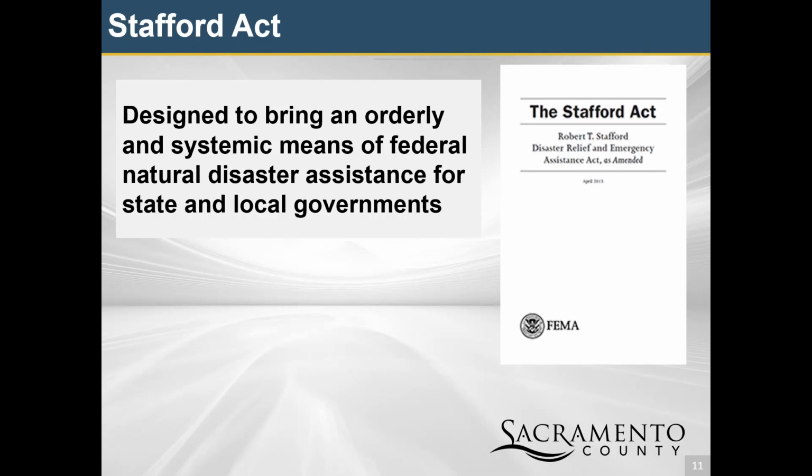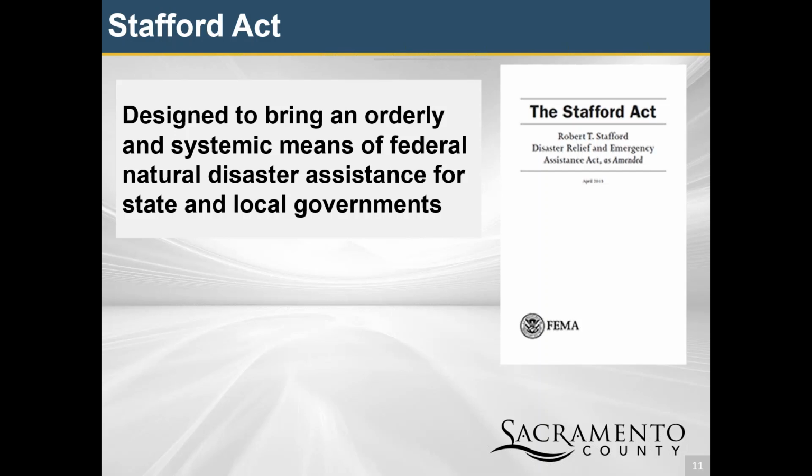All right, the Stafford Act. This is designed to bring an orderly and systematic means of federal natural disaster assistance for state and local government. There are two major pieces of legislation for the federal government role: the Robert T. Stafford Act and Emergency Management Assistance Act, and more recently, the Sandy Recovery Improvement Act.